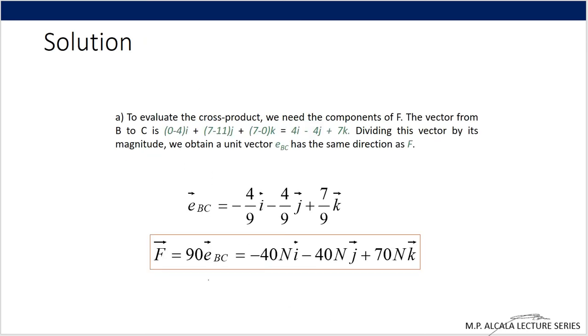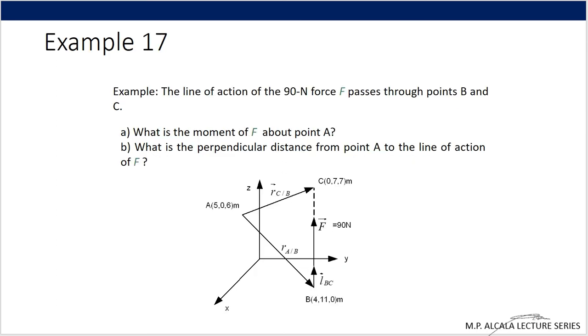Now, to evaluate the cross product, we need the components of F first. How do we identify the components of F? So this will be from point C to point B. Let's get first the unit vector, okay?